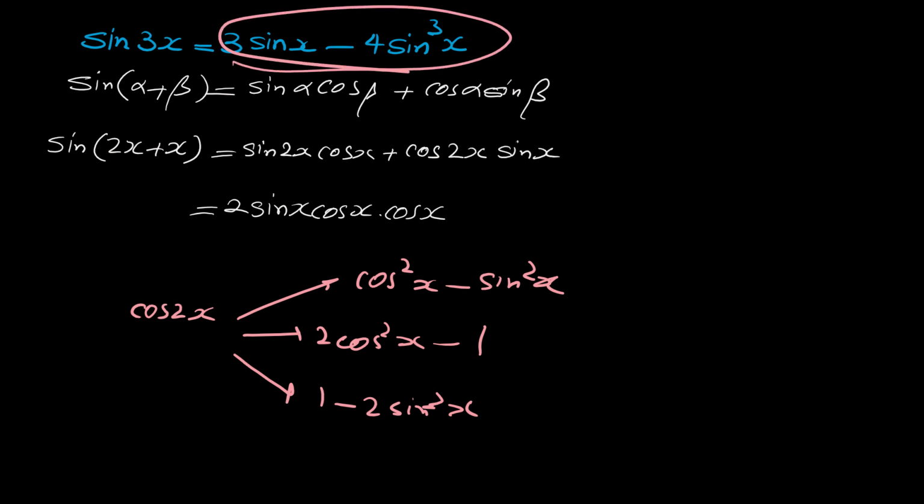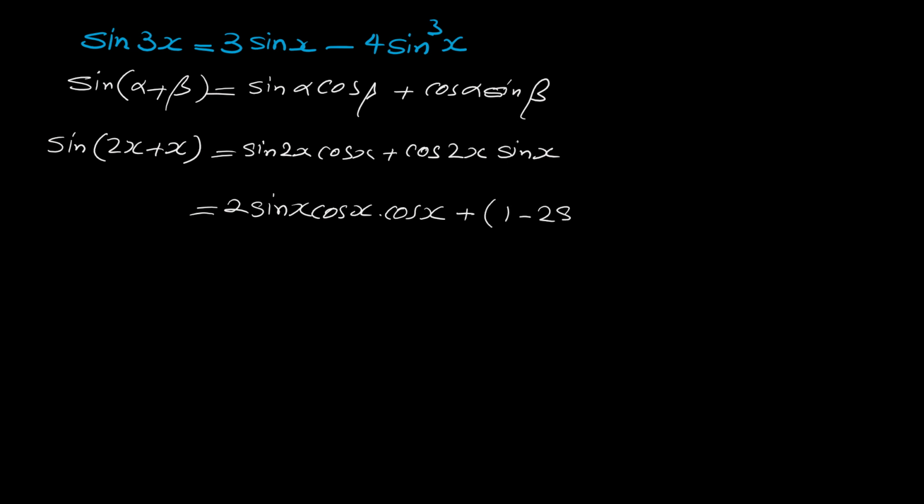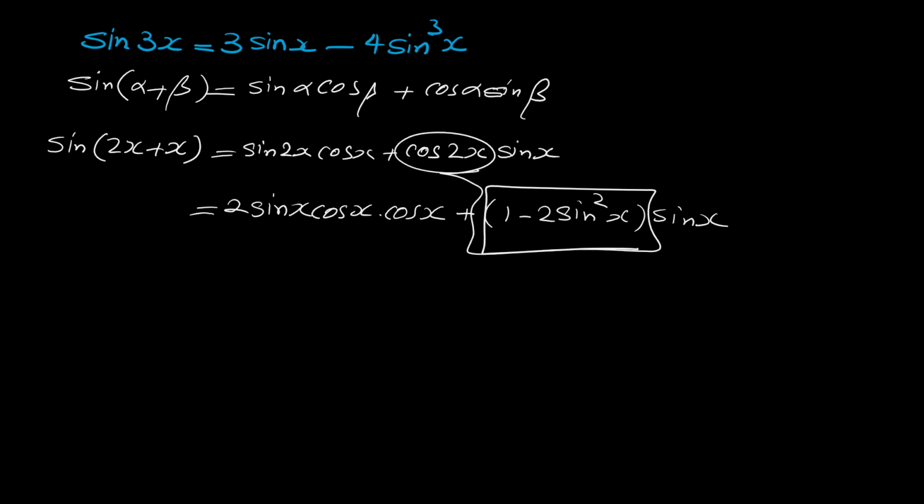Because we want to write in terms of sine, the last one is better. So we substitute cosine of 2x with 1 minus 2 sine squared x, times sine x, from double angle identities.